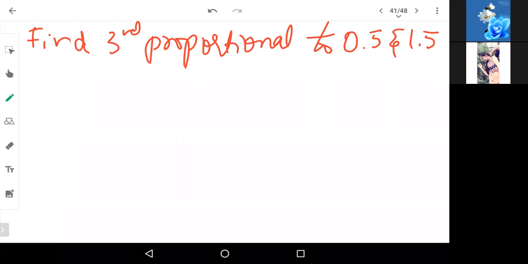Similarly, solve this also. Find the third proportional to 0.5 and 1.5. Is it done?